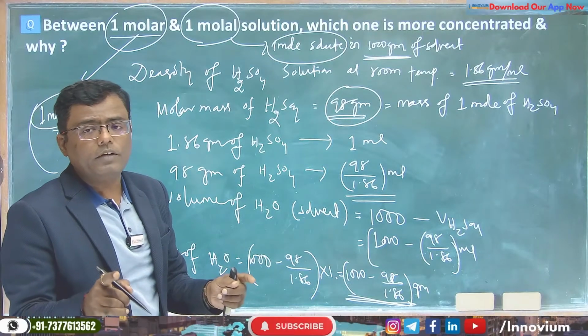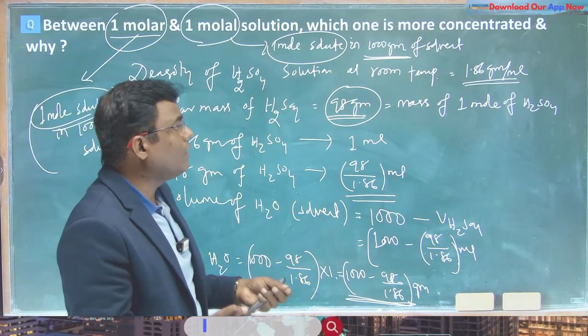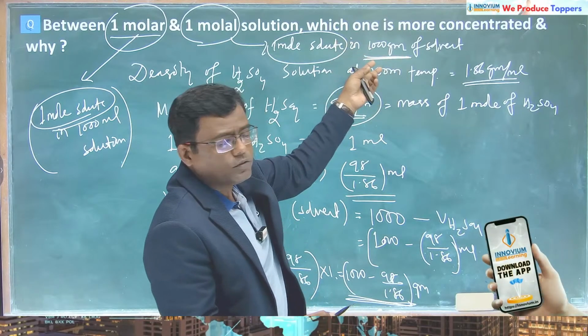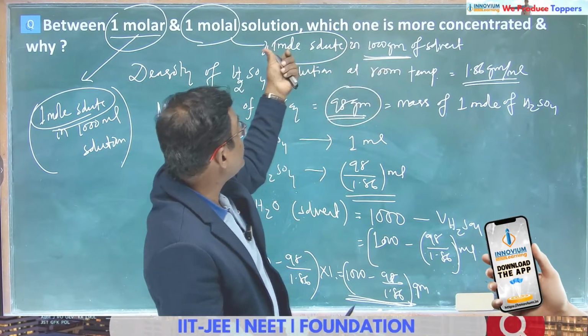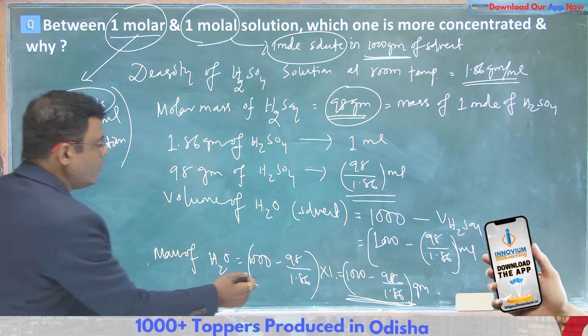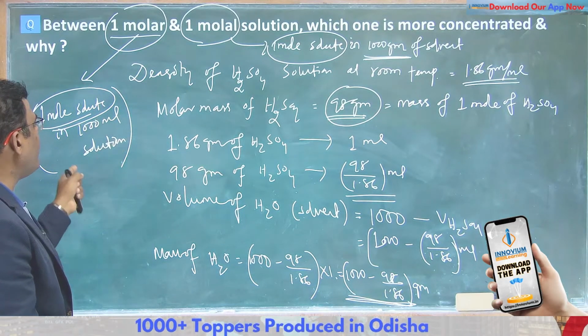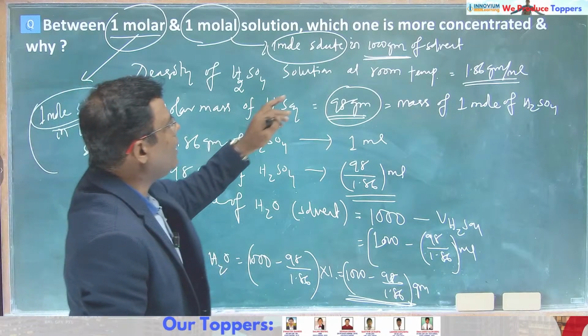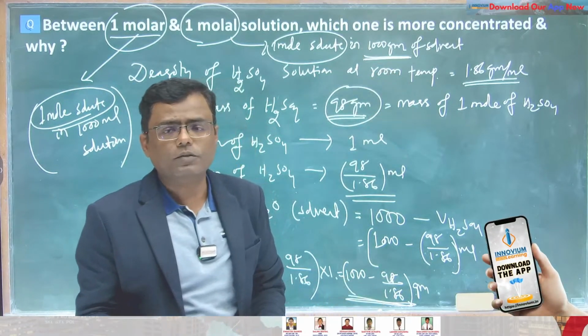If solvent is present in more amount, then that solution is definitely more diluted. So here 1000 gram solvent means more solvent with the same amount of solute. And here solvent mass is less with the same amount of solute. So if the solvent amount is more, the solution is more diluted.